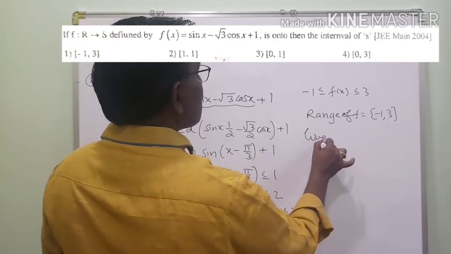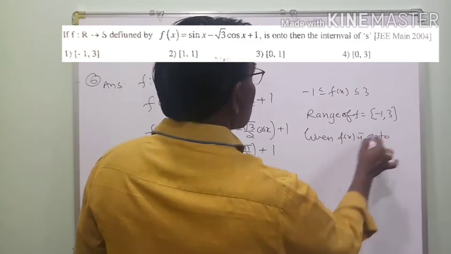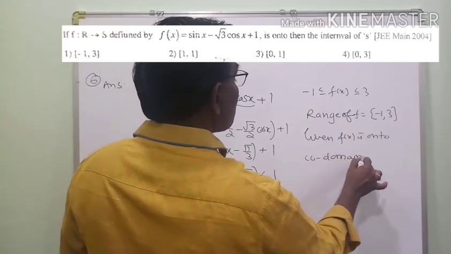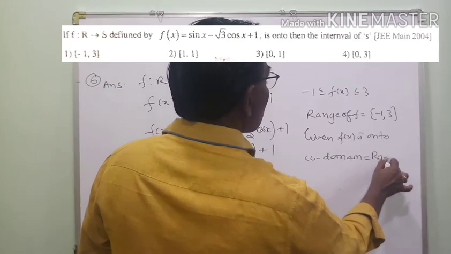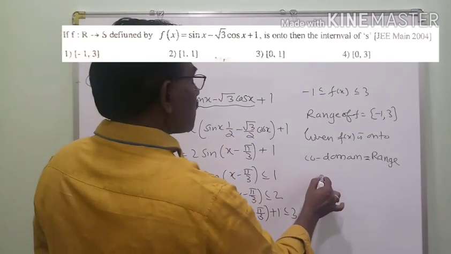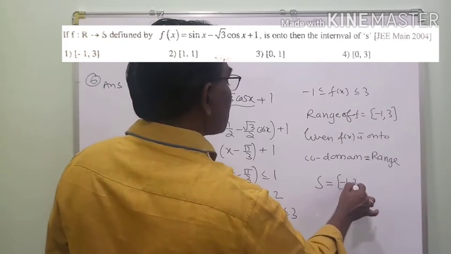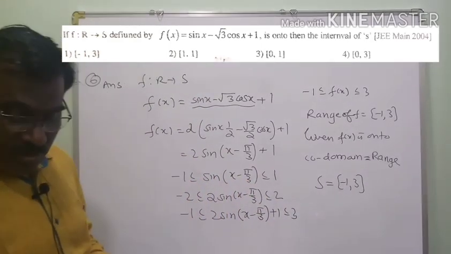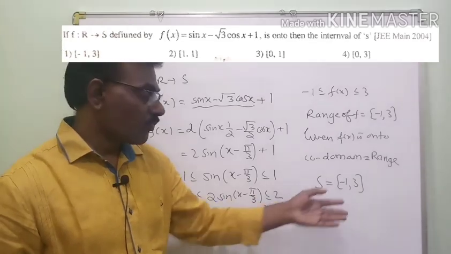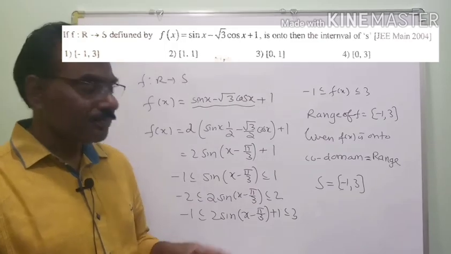Given f of x is onto, codomain equal to range. So codomain means S equal to minus 1 comma 3. The interval of S is the codomain only, but here I am solving range only.